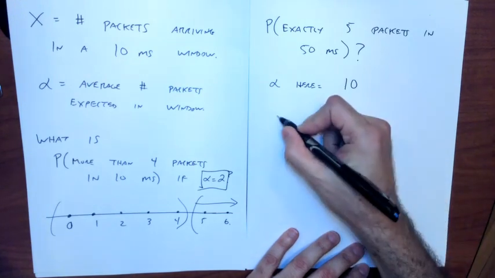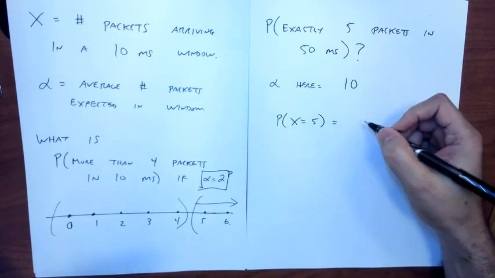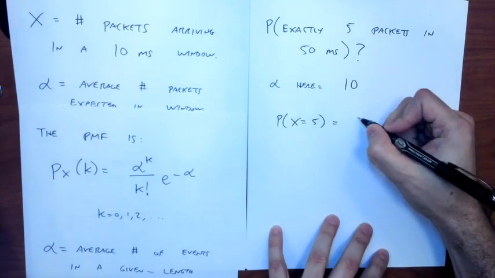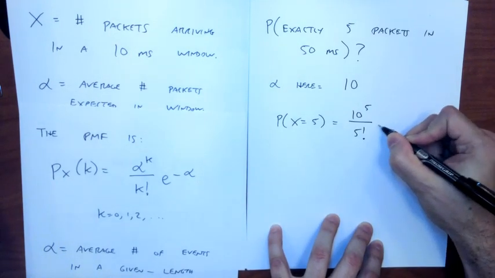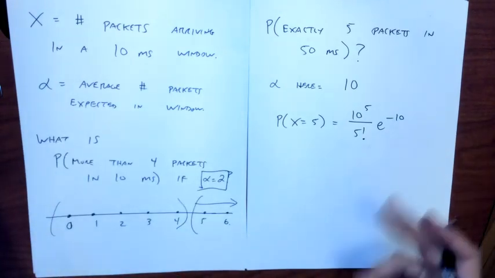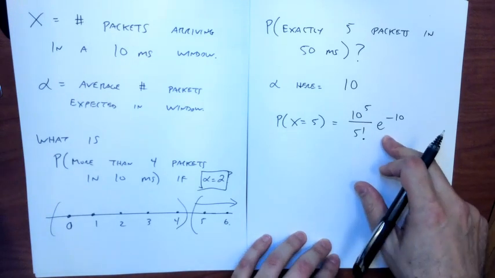And so the probability in this case, I look at my Poisson formula: alpha to the k over k factorial times e to the minus alpha, which I would have to multiply out. It would be pretty small because e to the minus 10 is super small.